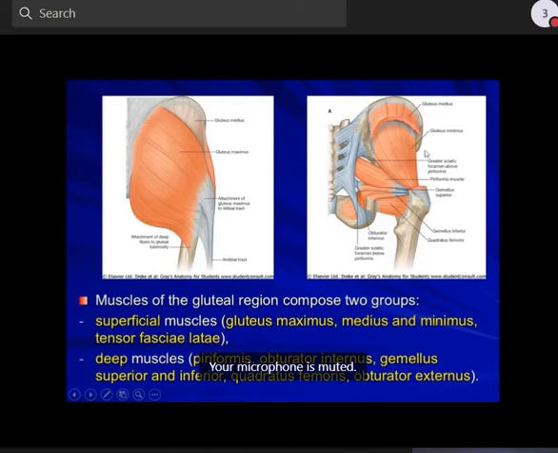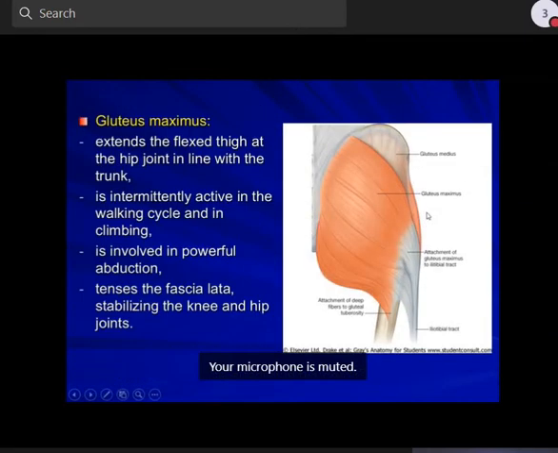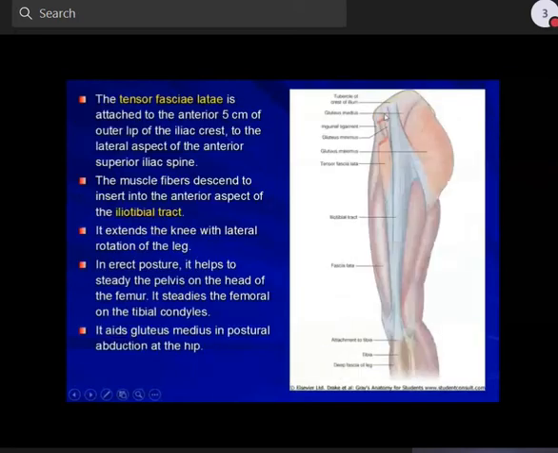And apart from this, we have one more muscle that refers to the gluteal part. It's called the tensor fasciae latae.